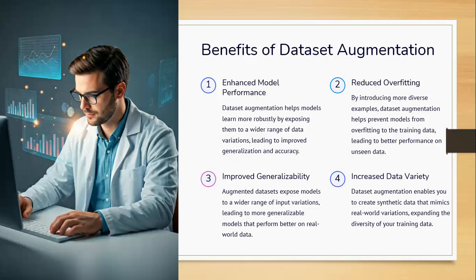So I already explained the definition of dataset augmentation. Mainly we are creating this artificial data to prevent the model from overfitting, and increasing the training data leads to better performance on unseen data, and it also improves generalizability. What is generalizability?